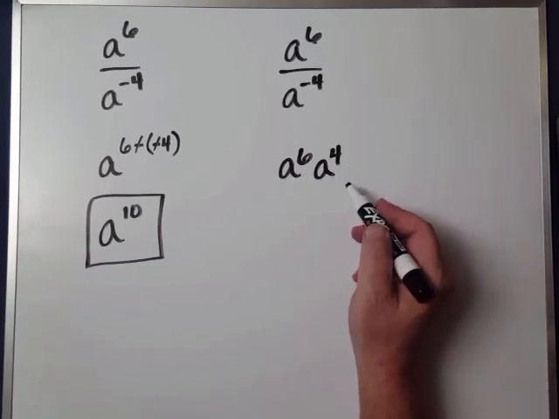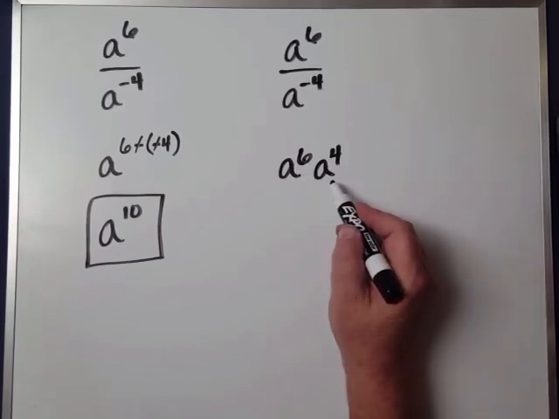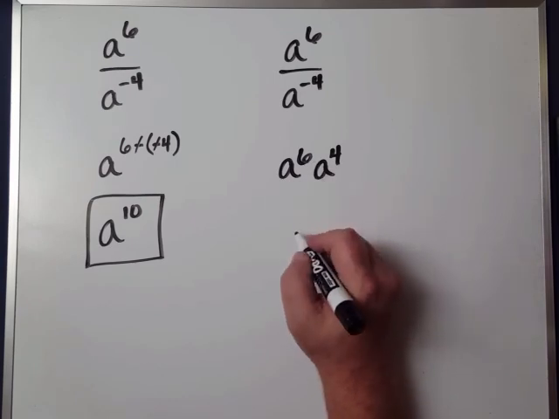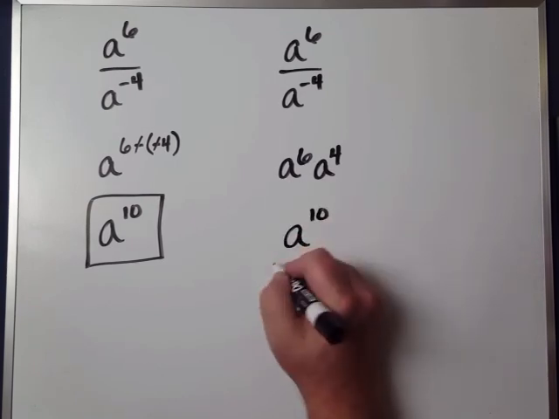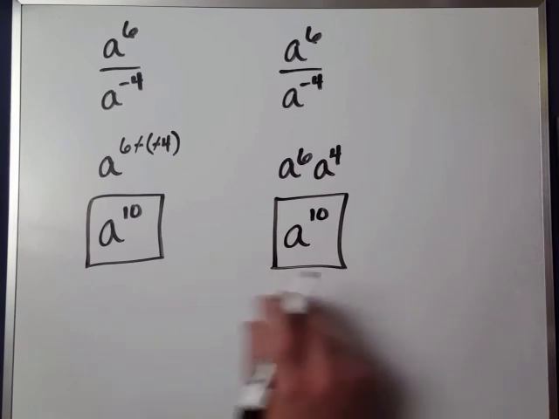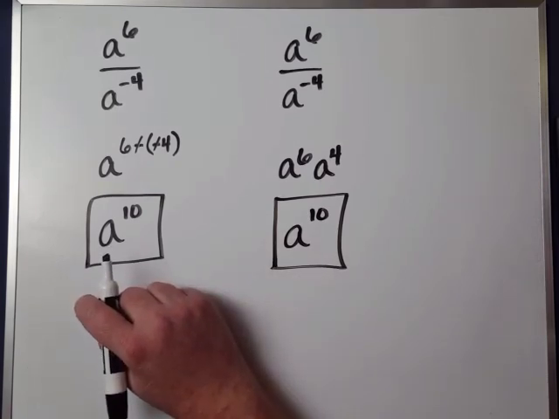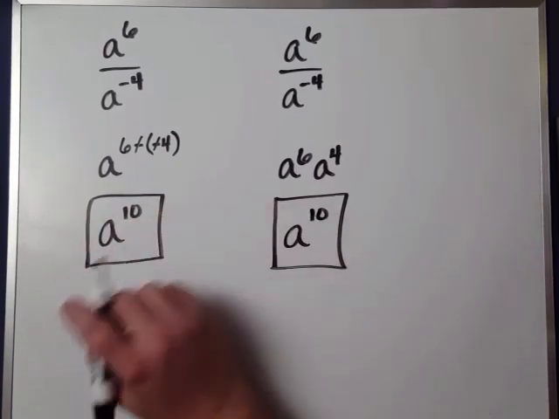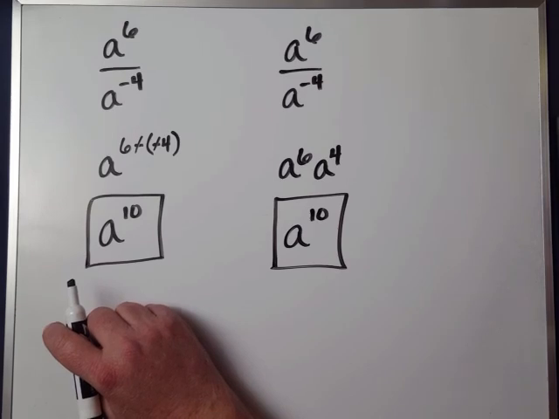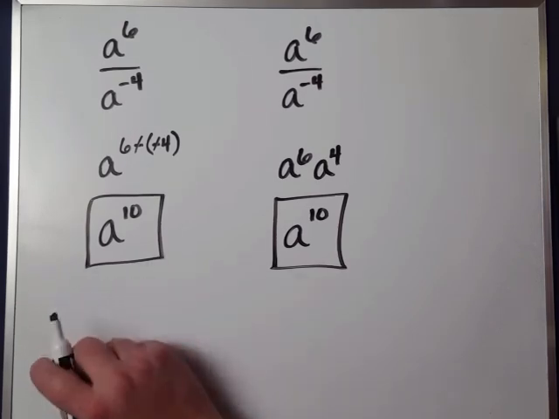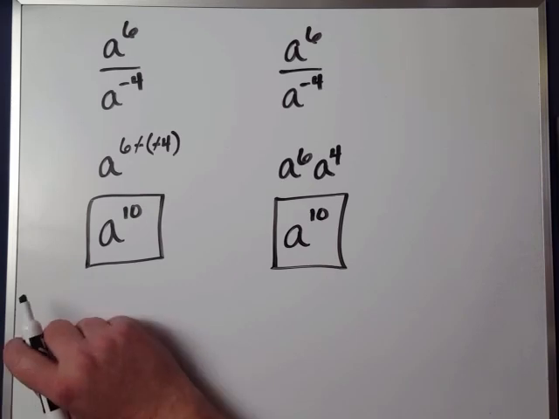Now I have what? A product of like bases. When I have a product of like bases, I add those exponents. In each case, I followed the rules. It depends on how I see it, how I might approach it. But I followed the rules in each case and came up with the same answer both times.